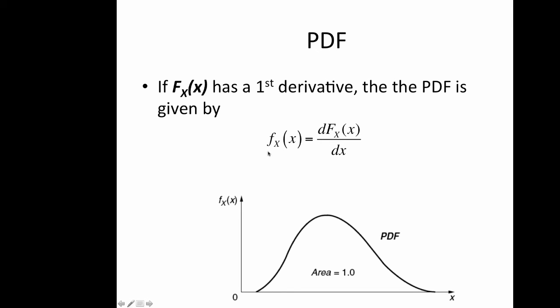So our PDF, f sub x of x, is equal to the derivative of our CDF, F sub x of x, with respect to x. So if we're given a continuous function for our CDF, we take the derivative of that to get our PDF. So we can go back and forth in that case.